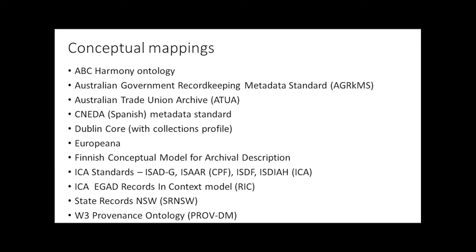State records, because they have a nice ministry portfolio hierarchy that no one else seems to do. And the W3 Consortium provenance ontology, which is like a semantic web ontology for provenance stuff. All of those, with a bit of tweaking, I could successfully map into my metadata schema, metaschema, with a couple of exceptions.